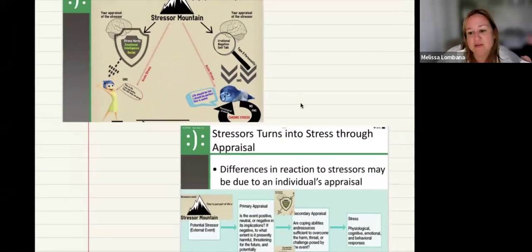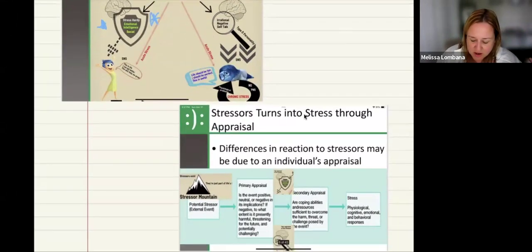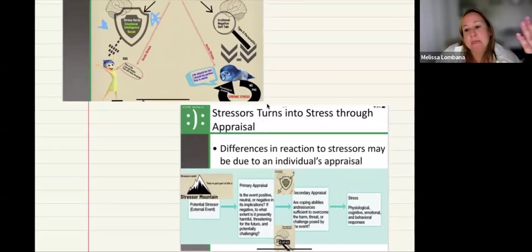And then you have what's called the primary appraisal, and you're going to write that here in the little section. It's whether we're looking at an event as positive, neutral, or negative. If we're seeing a situation as positive, neutral, or negative, it's going to affect the way that we respond to it.